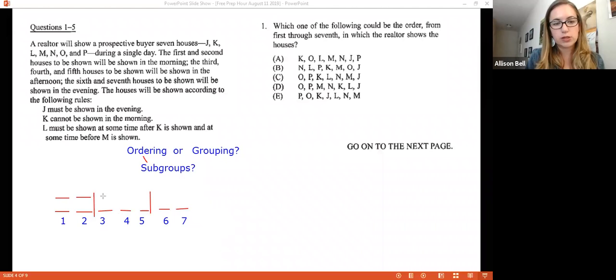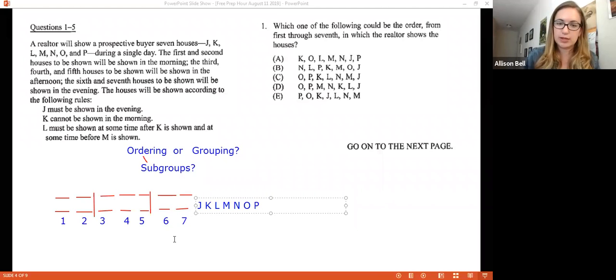Another way that we could approach this is to use a 3D ordering diagram. When you do a 3D ordering diagram, you just add a second layer on top of the first one. This is really helpful when you have to label each of the elements on your number line. So for example, if they said 3 of these houses are urban and 3 of these houses are in the suburbs and 3 of them are rural, and we don't know which one is which, then we might add a second layer to classify them.